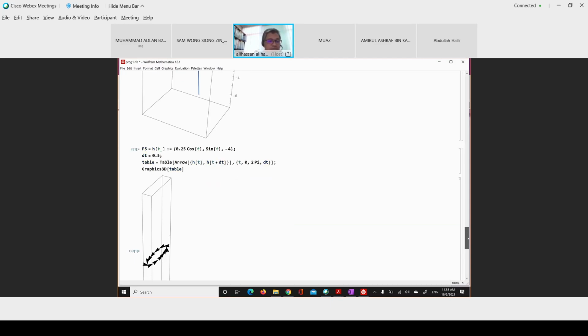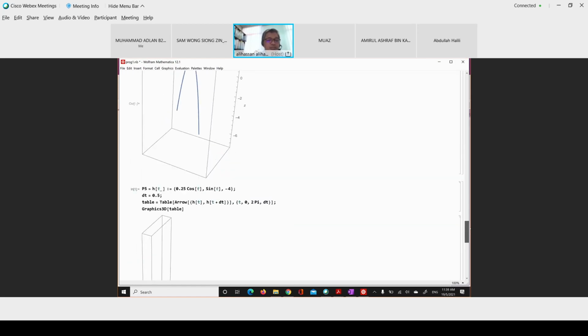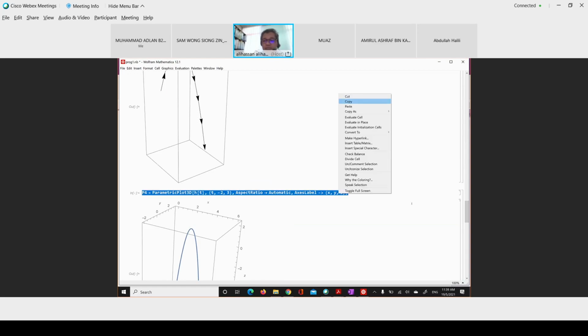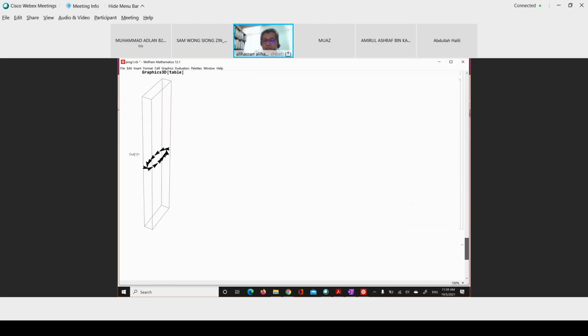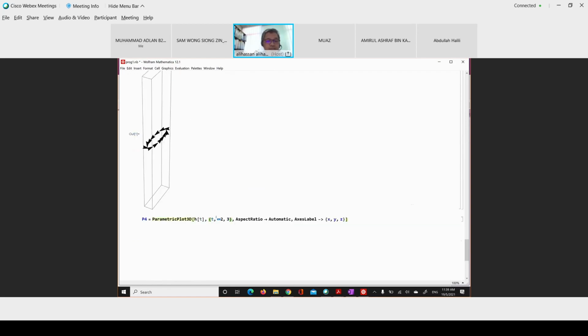With the arrow, it doesn't look like an ellipse. But let me copy this one and paste it here. I call it h(t), t from 0 up to 2 pi.